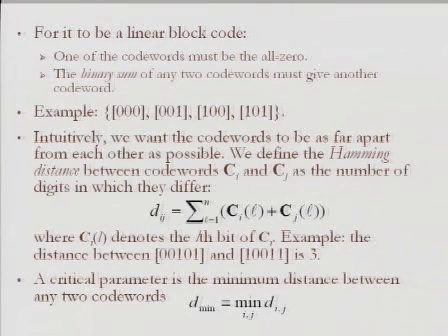All right? So for this code, the pool of code words has 8 possible code words: 0, 0, 0, 0, 0, 1, 0, 1, 0, and so on.